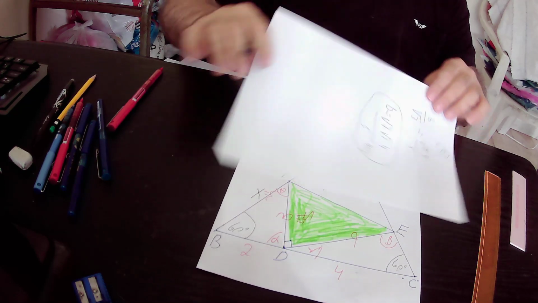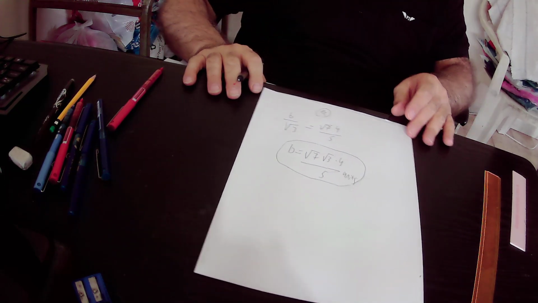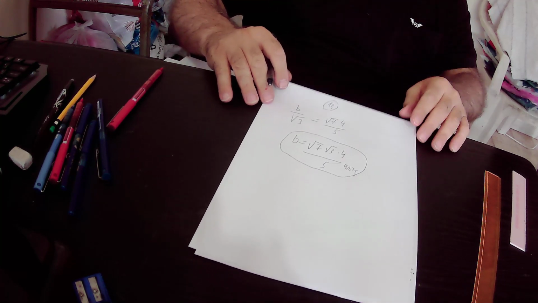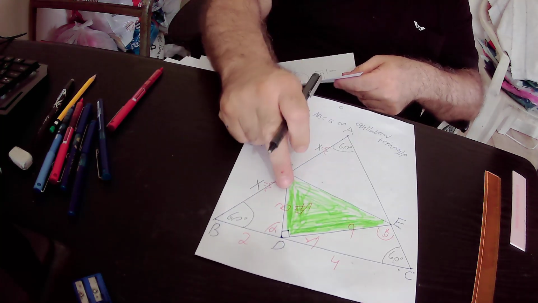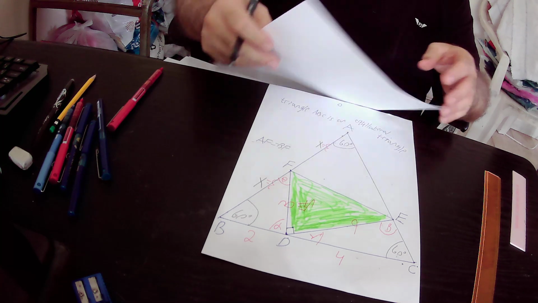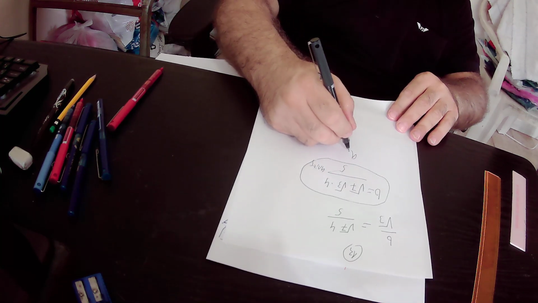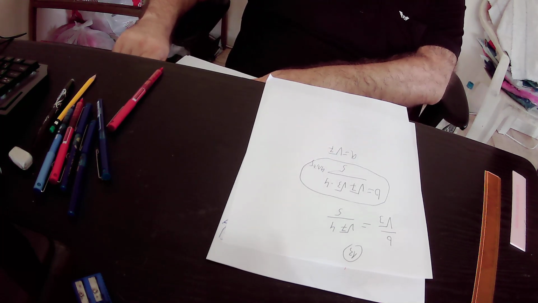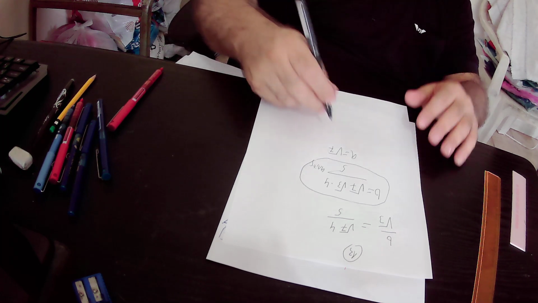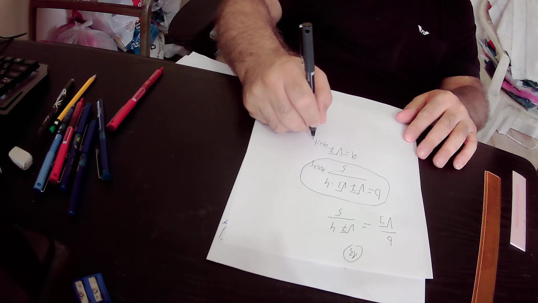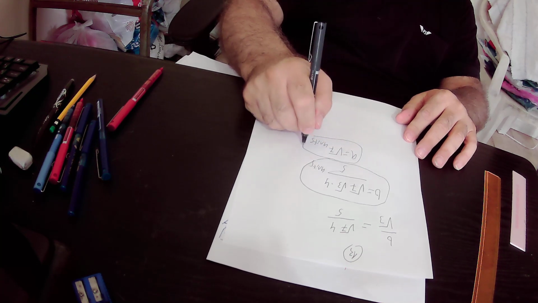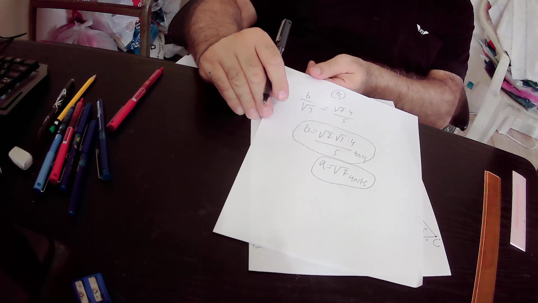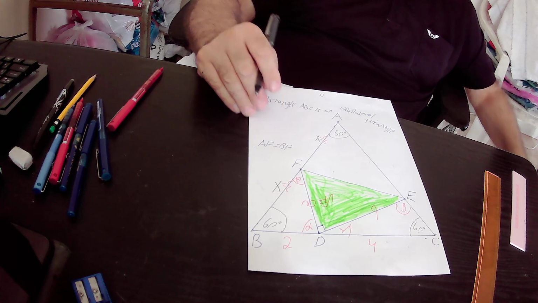So we actually found out the value of B. B equals root 3 times root 7 times 4 over 5 units, and we have already found out the value of A. A equals root 7 units. So we found out the values of A and B. Okay, now what is the area of the green triangle?